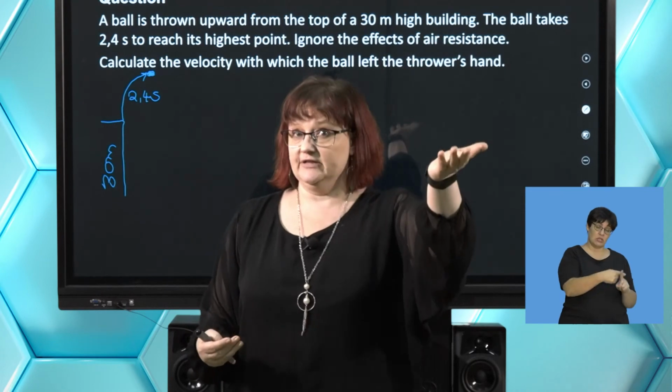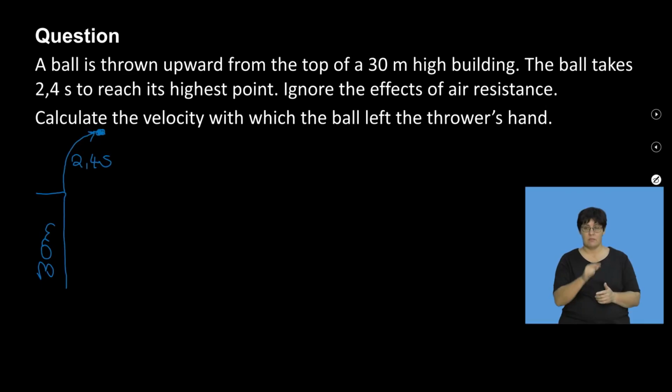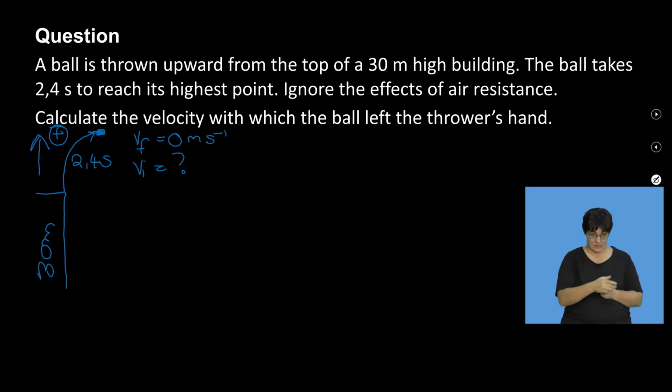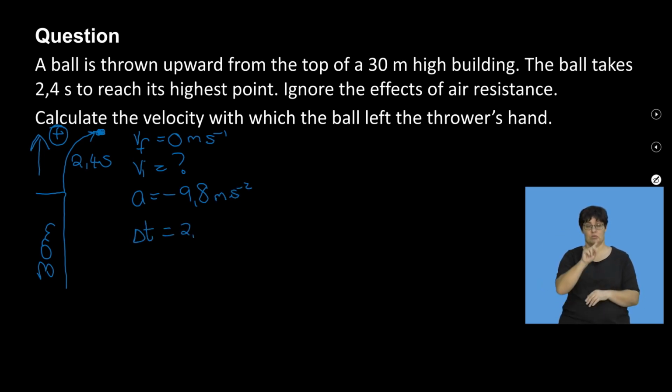What do we need to make a decision about? Sign convention. I'm going to take up as positive. I know my final velocity is 0. My initial velocity is what I'm looking for. My acceleration is now going to be minus 9.8, and my time, 2.4 seconds.